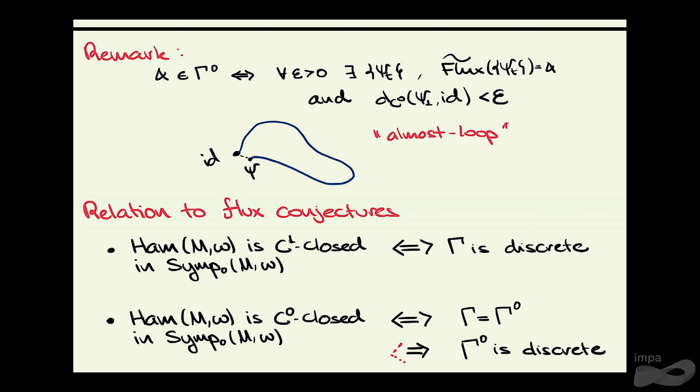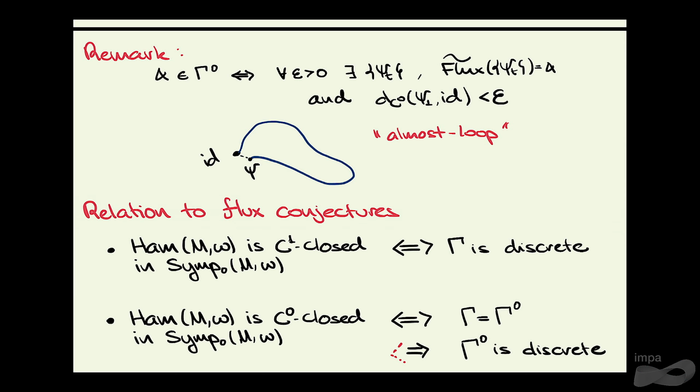So you're not a loop, but you can take this endpoint as close as you want. And the idea is basically, you know that for any class you pick, the endpoint is in Ham 0. So you can just take a sequence of Hamiltonian diffeomorphisms that approach that endpoint and use that to bring it C0 close to the identity.